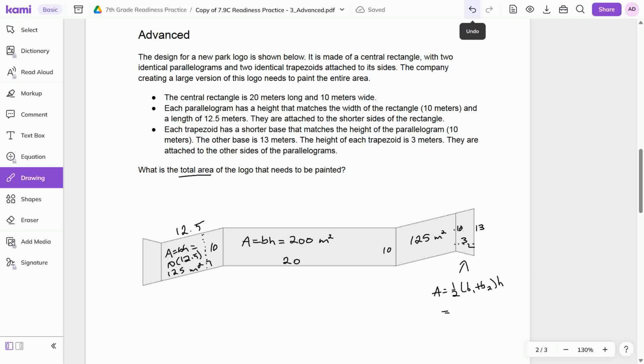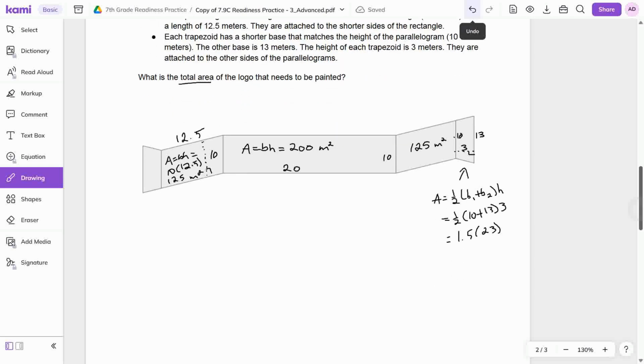So we've got 1/2 times 10 plus 13, and then multiplied by 3. So what we end up with is 1.5. I just took the 1/2 of 3 times 23. So we've got to do a little bit of work with that.